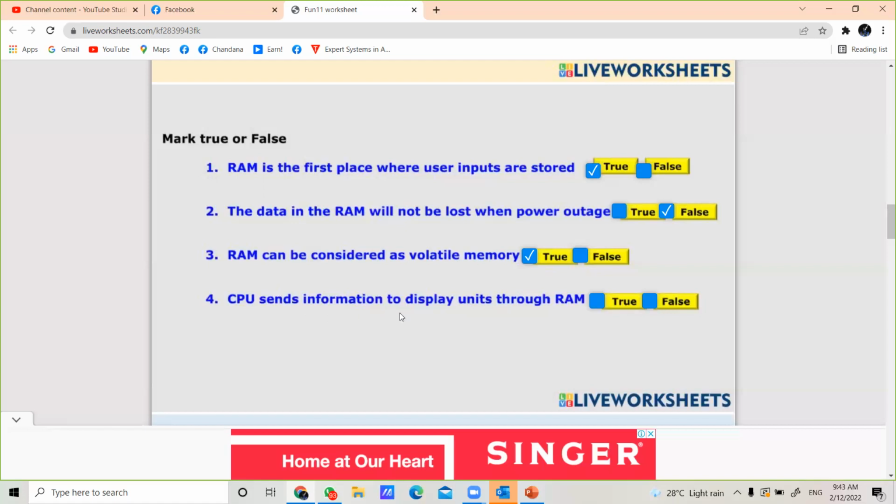CPU sends information to display unit through RAM. Right? That's also correct. The statement is correct because, always, the CPU produces the information or result. This information is sent to the display units, and other devices, through the RAM. Not only display units.